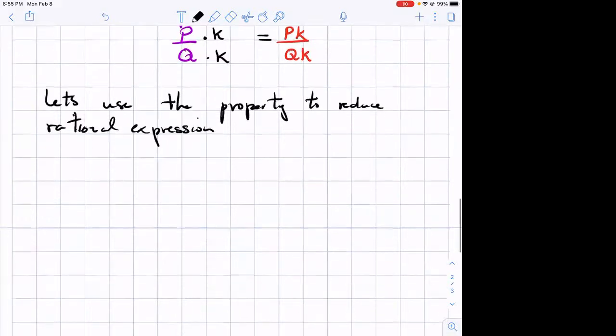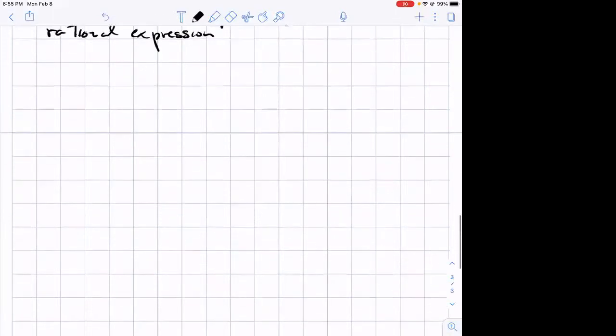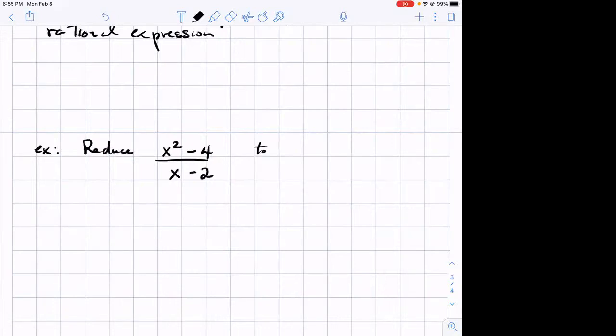For example, reduce x squared minus 4 over x minus 2 to its lowest terms.